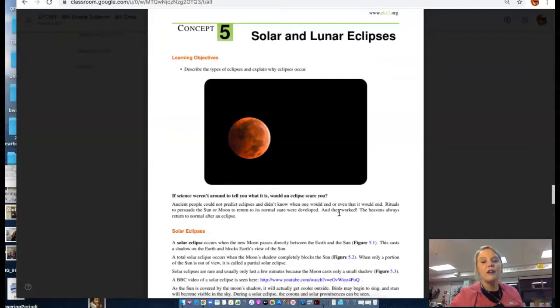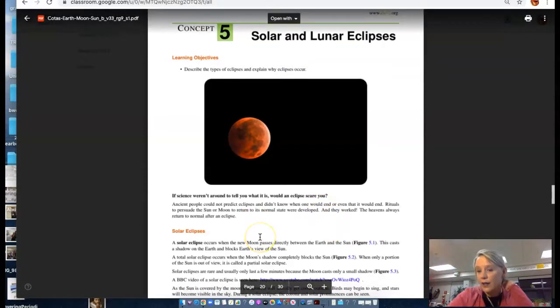Kind of freaked them out. And so they would go through different rituals. They would dance around and try to chase the demon away from the sun, and inevitably it always worked, right? The moon always moved beyond the sun, and the sun came back out and life returned to normal.